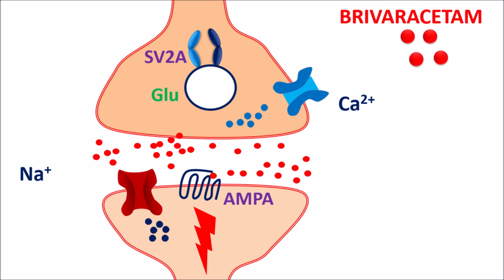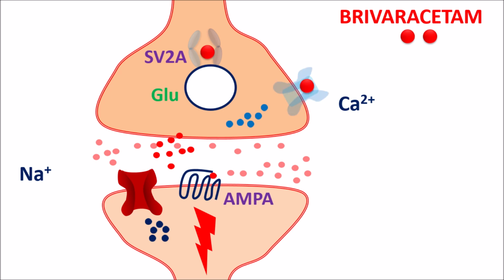Now, brivaracetam can reduce the partial onset seizures. This drug can act in three ways. One of its primary targets is the SV2A protein, where it can inhibit the activity of this protein, resulting in decreased release of glutamate. In this way, excitatory neurotransmission can be controlled by brivaracetam. Similarly, it can block the voltage-gated calcium channels which are responsible for exocytosis.